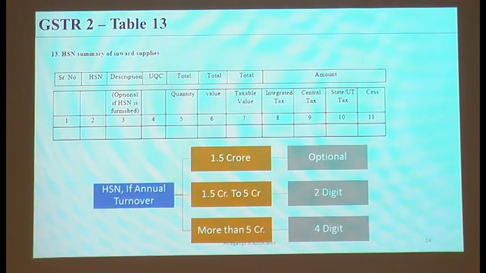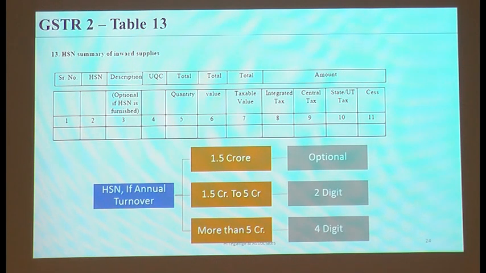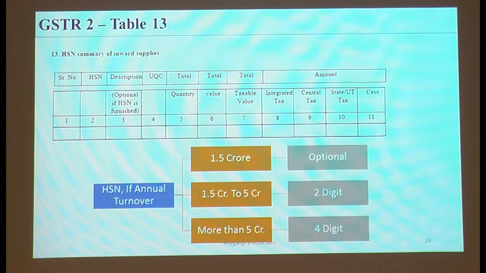If the supplier is not liable to show the HSN because his turnover is less than 1.5 crores, that exemption will not be available for me because my turnover will be more than 5 crores. In that situation, if he has not given the HSN, I need to identify the HSN, and give the HSN basis summary in table 13 of GSTR 2.